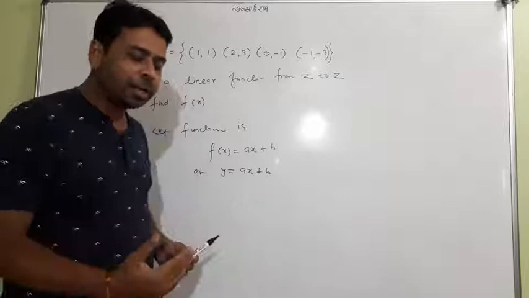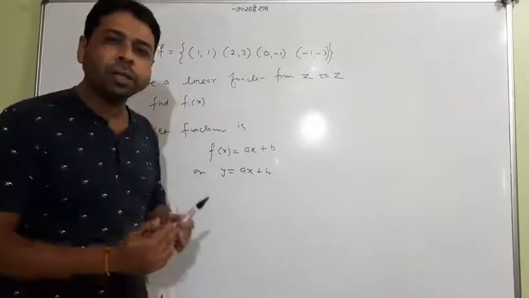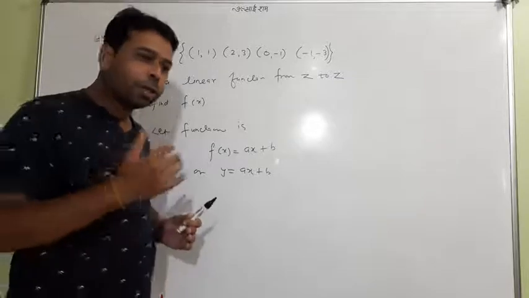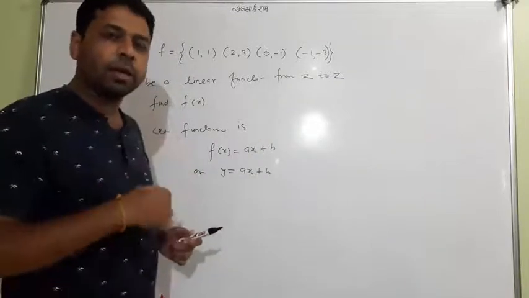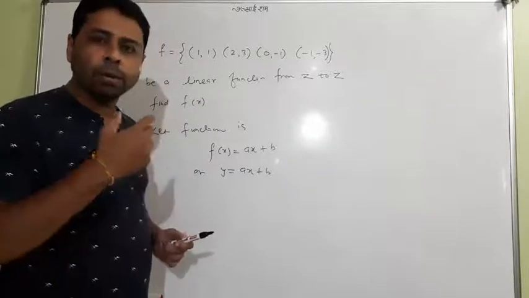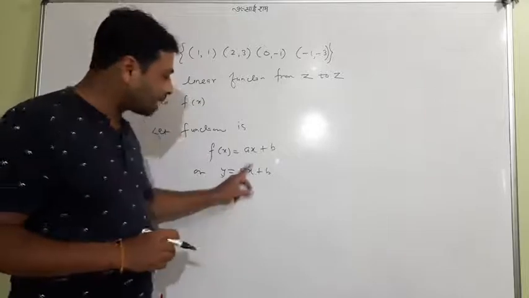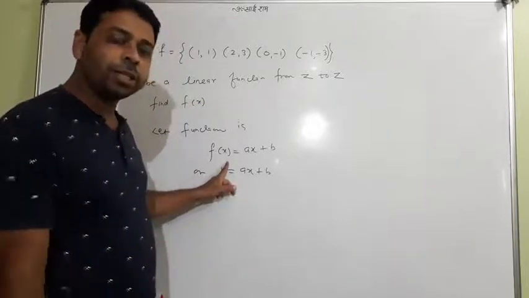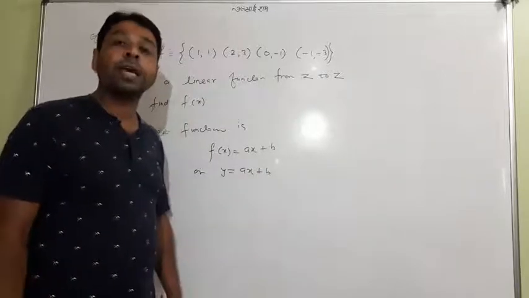As far as the linear equation is concerned, from class 10th till now you have read many times what a linear function is. When x and y have a single power, it is a linear function. Y equal to ax plus b is a very simple format of a line.